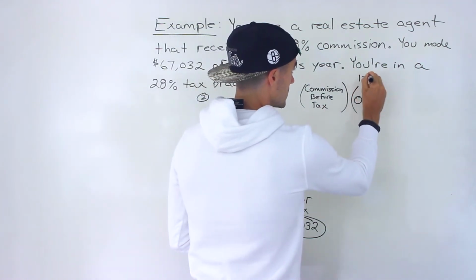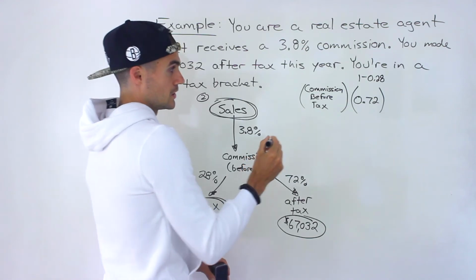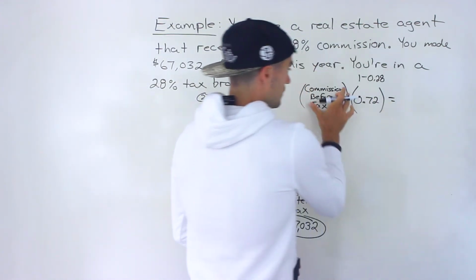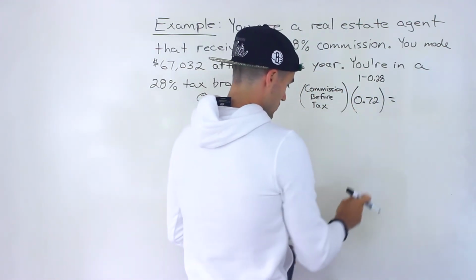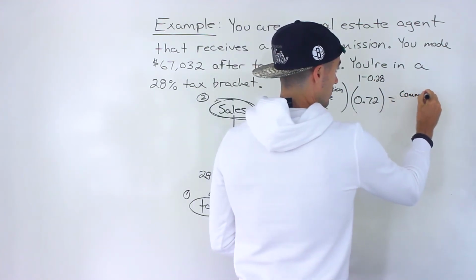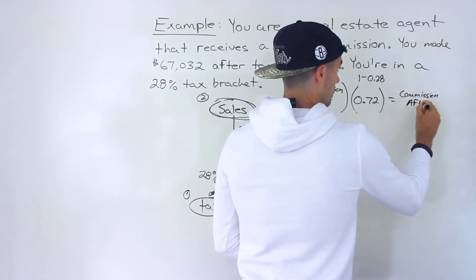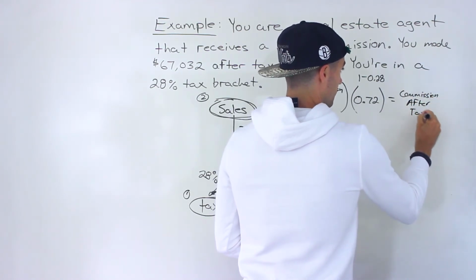That's another way you might see this question or a question like this shown. The commission before tax times 0.72 gives us the commission after tax, how much you take home.